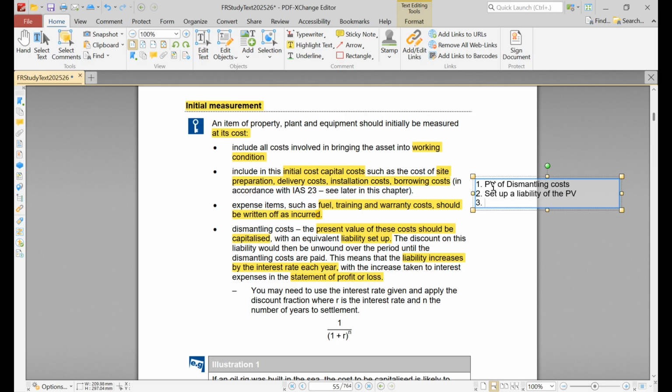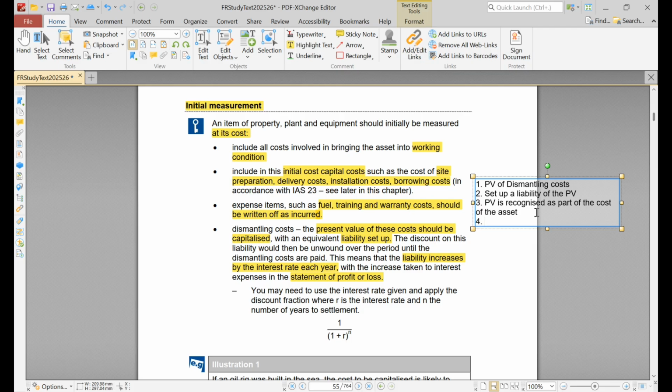Third, this present value is recognized as part of the cost of the asset. Next, you have to discount the liability, which is then unwound over the period until the dismantling costs are paid.